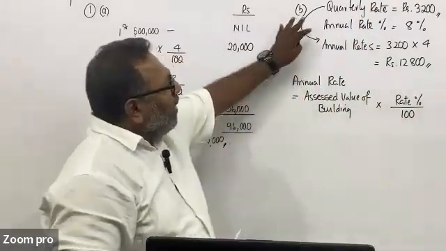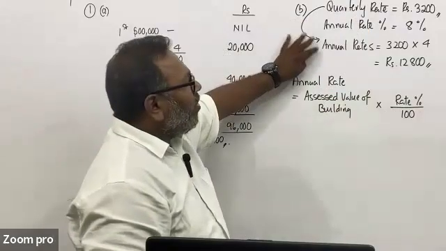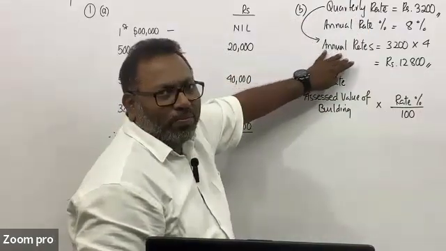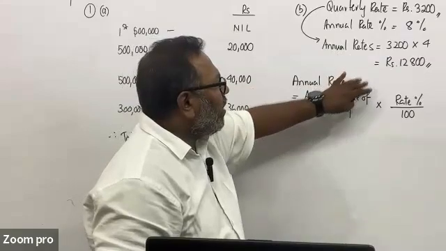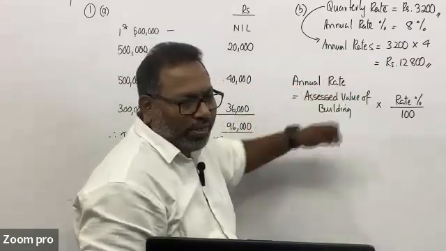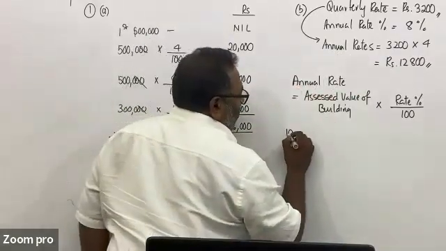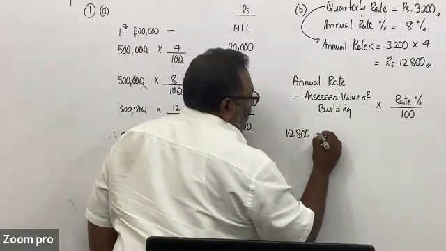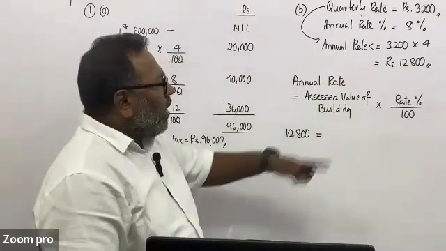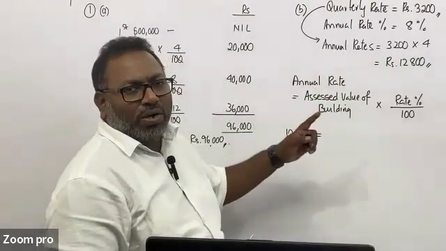Going back to the data of this question, we already know the annual rate for the year. How much is it? 12,800. Substitute over here. So 12,800 is equal to the assessed value of the building, which we are trying to find out.